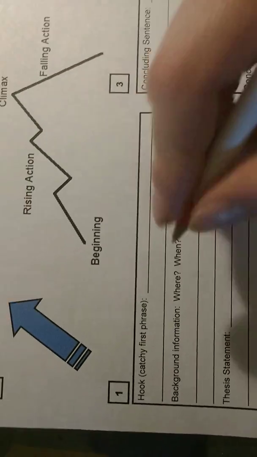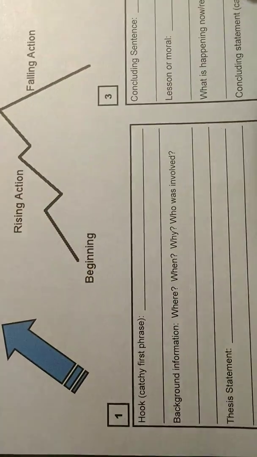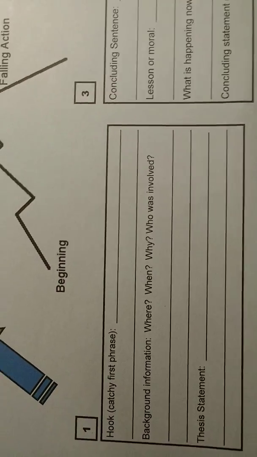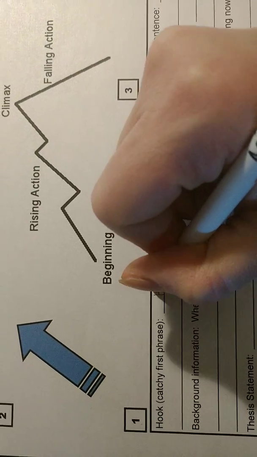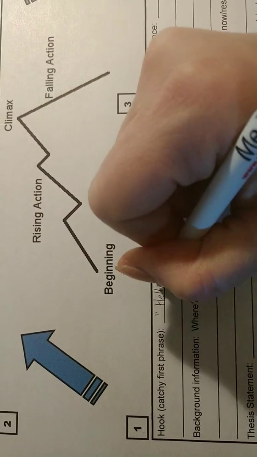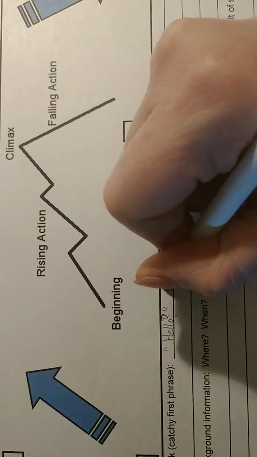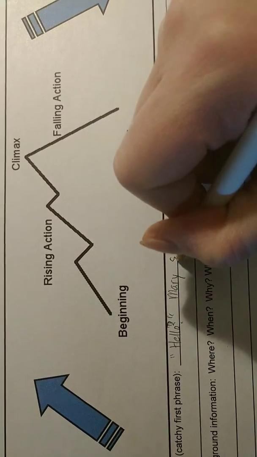So I'm just going to write for you a simple outline for this essay. In my introduction paragraph, I'm going to start with the hook. So I might write something like, when my parents met, my mom answered the phone. There was a big party and my mom answered the phone. So I might write, hello, Mary, that's my mom's name.